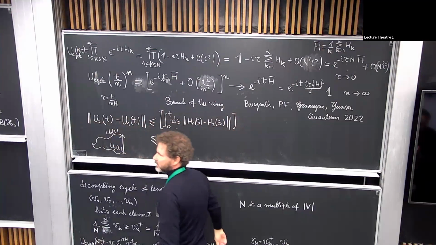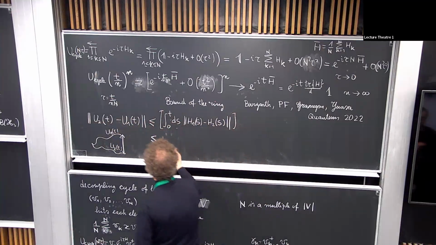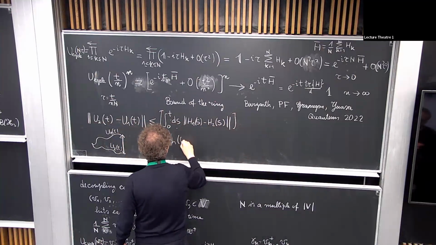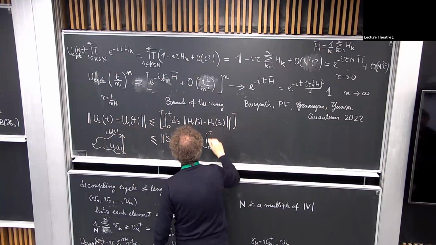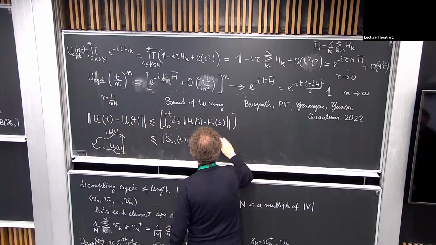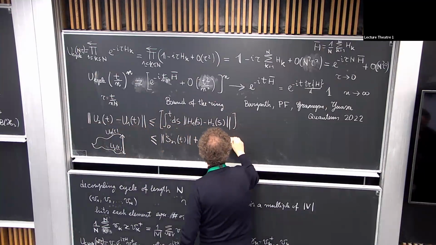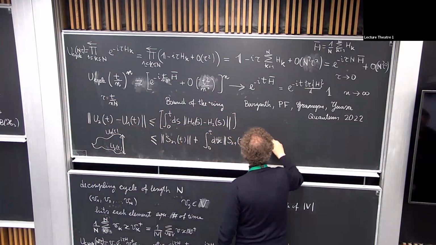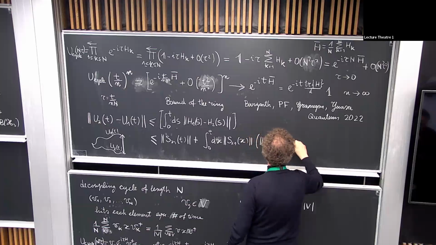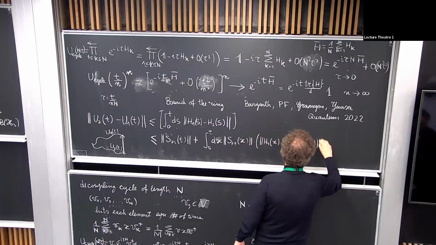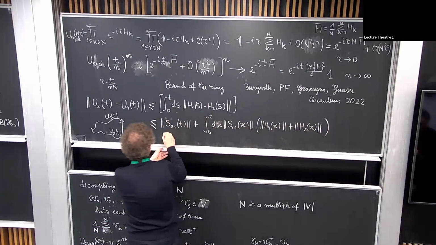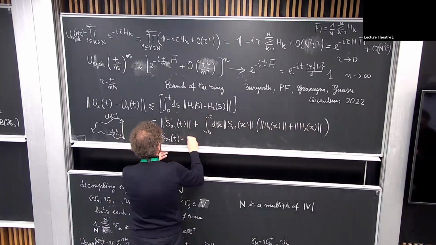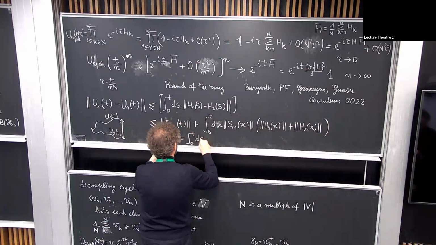You can bound this by S21 of t plus the integral between 0 and t dx of S21 of x times H1 of x plus H2, where S21 of t is just the integral of the difference.